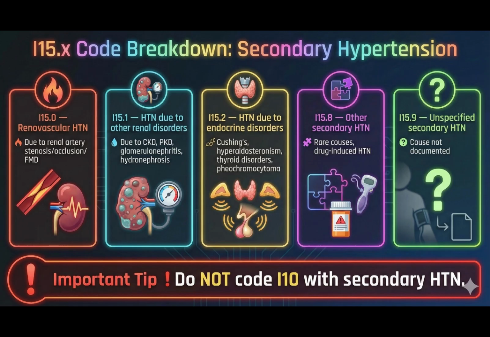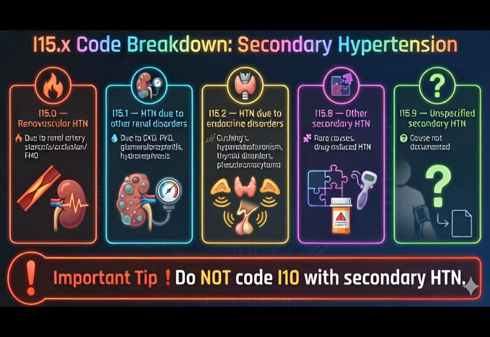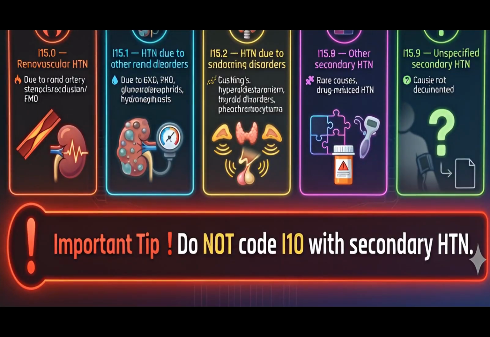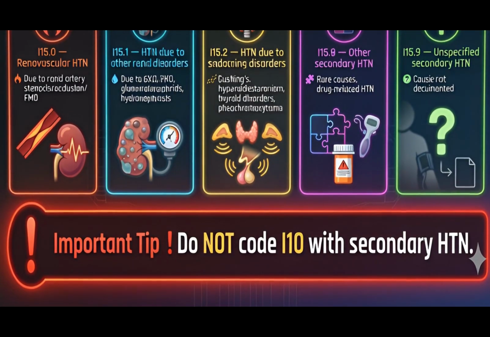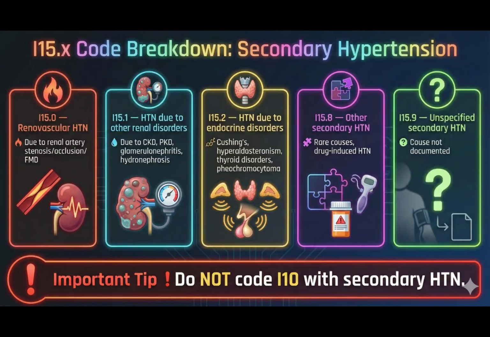And here's the most important reminder. Never code I-10 together with secondary hypertension. If a cause is identified, even if the cause is unclear or unspecified, you must remain within the I-15 category. Understanding these subcategories helps you code secondary hypertension with precision and accuracy.